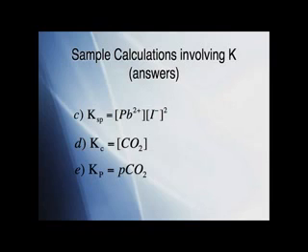The calcium oxide is a solid, the calcium carbonate is a solid, so in this equilibrium expression, the only thing that would be shown is the product that is gaseous. And here, because we're looking at the concentration, you would show the molar concentration of carbon dioxide. So K sub C would be equal to the molar concentration of carbon dioxide.